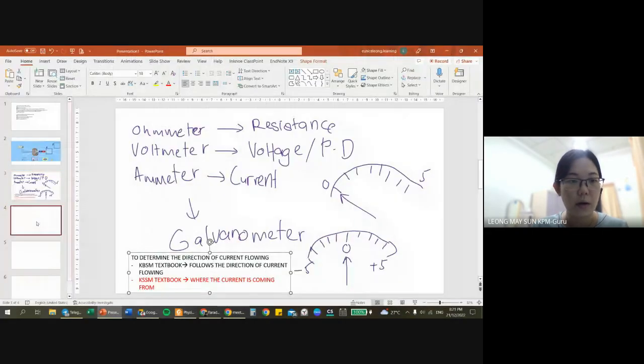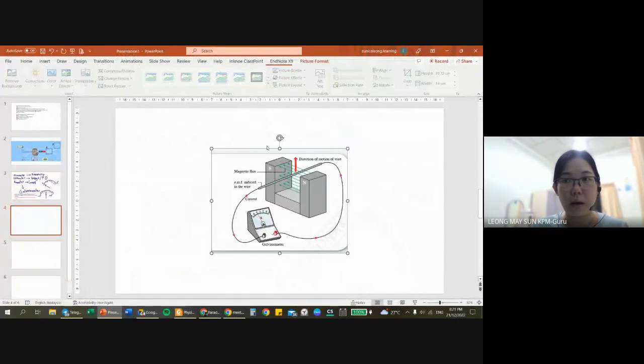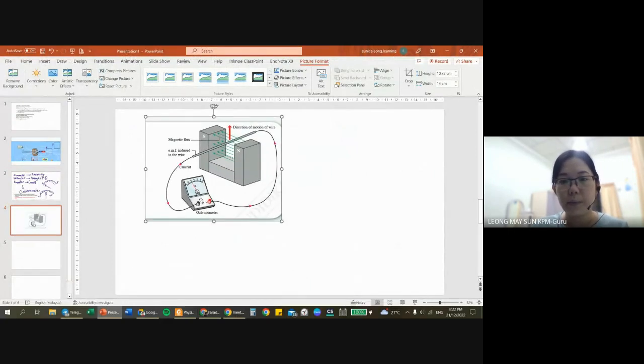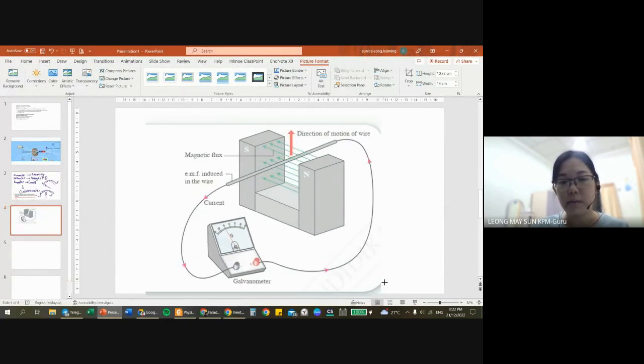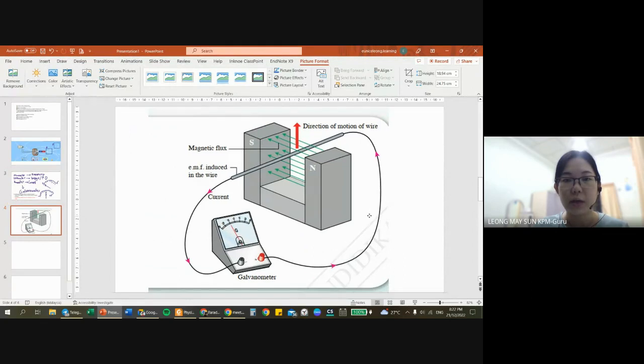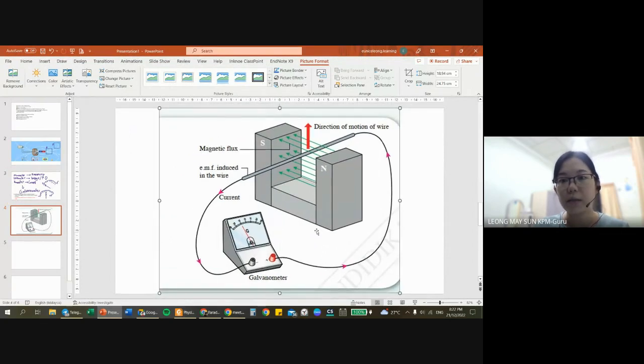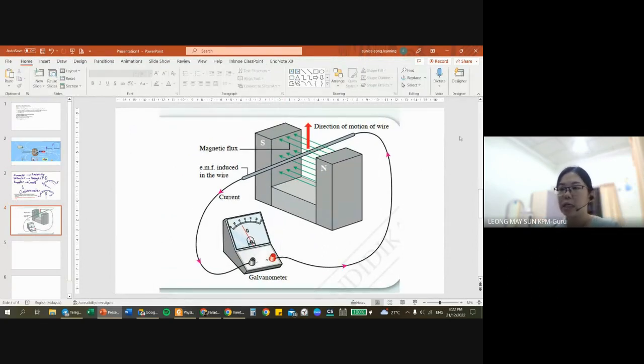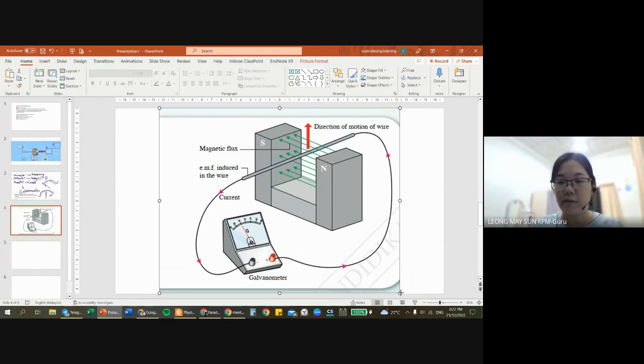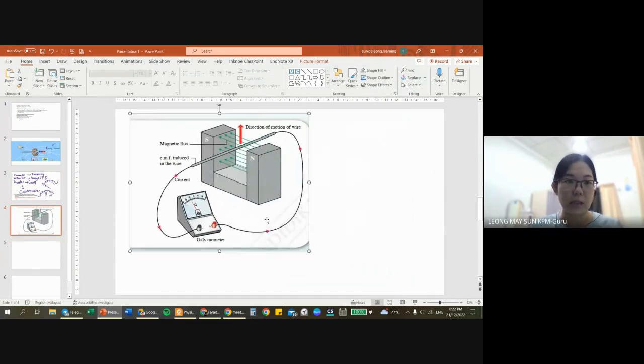I would suggest one thing: get a piece of paper and a pen. Don't just look and stare, because in order to understand electromagnetic induction, you will need to use Fleming's right hand rule. So it's very important that you get paper and a pen and scribble whatever I'm scribbling in front of the PowerPoint slides right now.